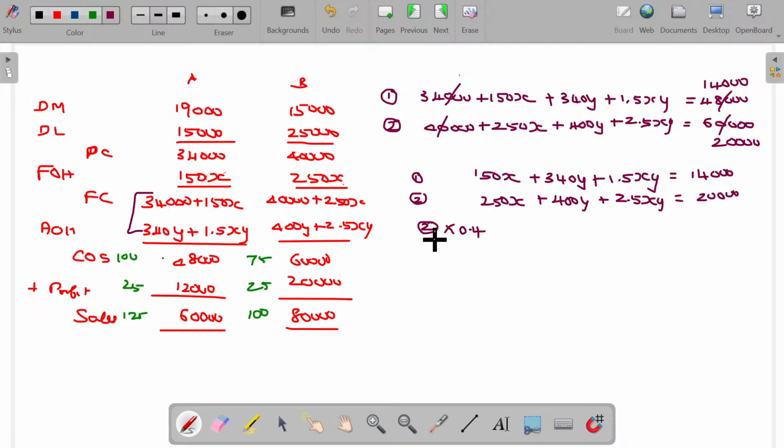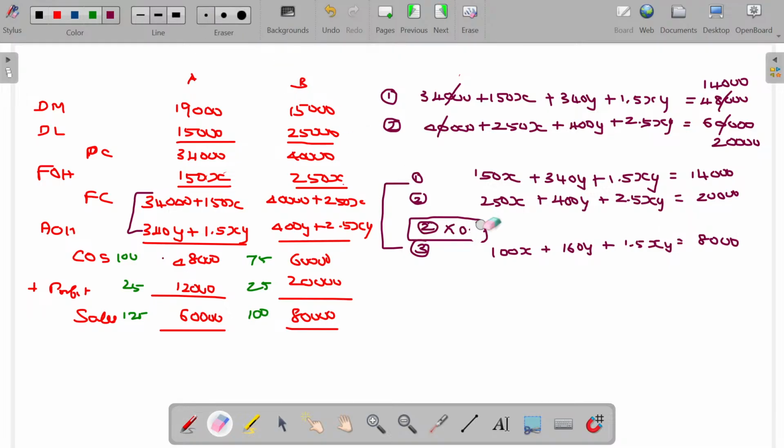If I do so, then what will I get? 150 into 0.4, 100x. Am I right? Here 160y, here 1.5xy, and here 8,000 rupees. I can now subtract the equation 1 and 3. Oh my god, 0.6, I made a mistake. I had to multiply with 0.6.